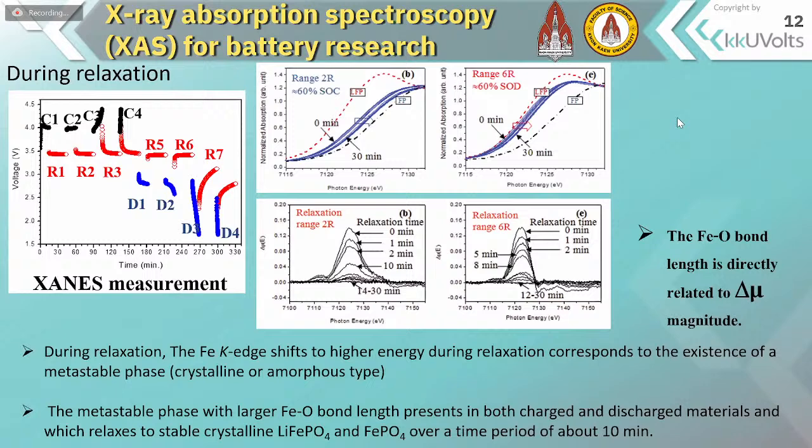From the delta mu plot, the increase in delta mu amplitude corresponds to a metastable phase with a larger iron-oxygen bond length transforming to stable phases, such as lithium iron phosphate and iron phosphate phases, within 10 minutes. These results indicate that the X-ray absorption spectroscopy technique is a useful tool for investigating the dynamic phase, which is difficult to detect by other techniques.